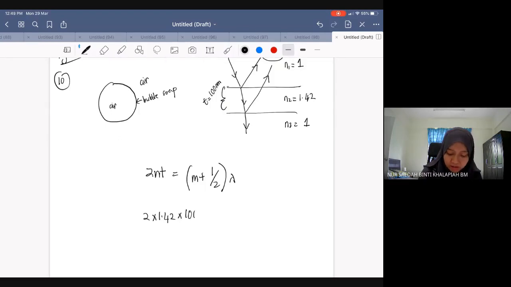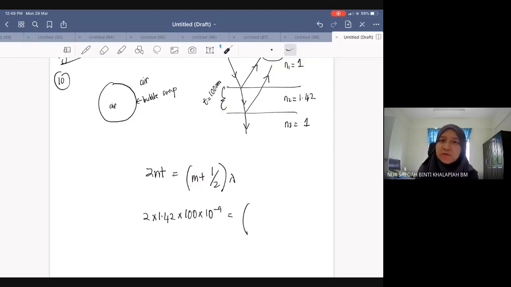Thicknessnya adalah 100 nano. Nano is exponent negative 9. M, number of order. So berapa number of order yang patut kita letak dalam ni? Okay, the minimum number of order is 0. So 0 dekat sini, kita akan letak 0 dekat sini.